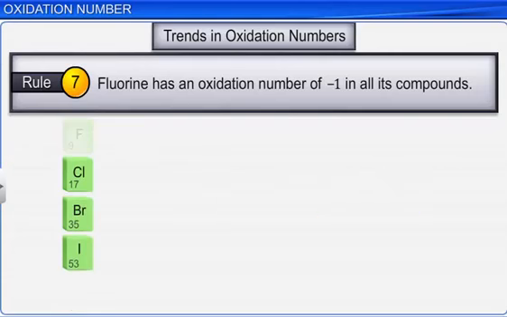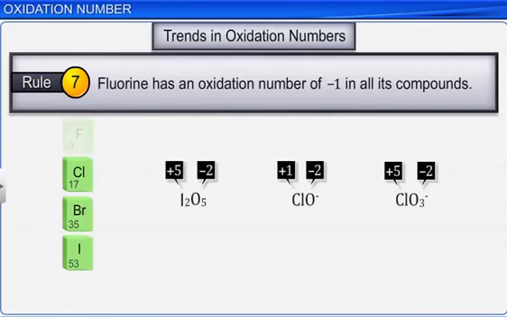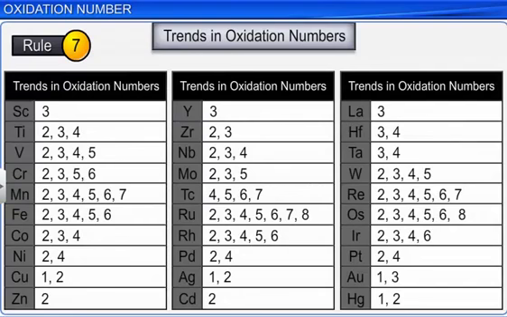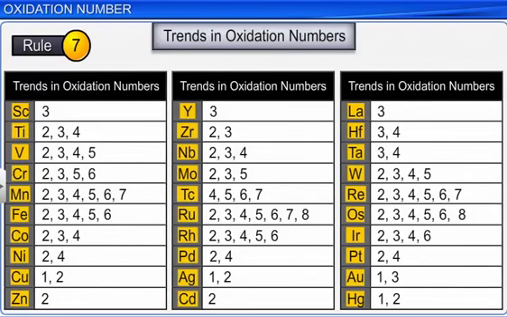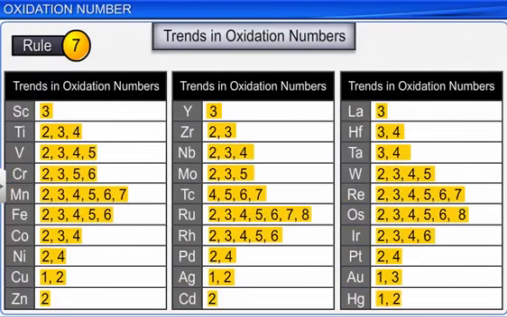But when they combine with oxygen to form oxo acids and oxoanions, they have positive oxidation numbers. The atoms of transition or d block elements exhibit several oxidation numbers. The table shown here depicts the variable oxidation states exhibited by the transition elements.